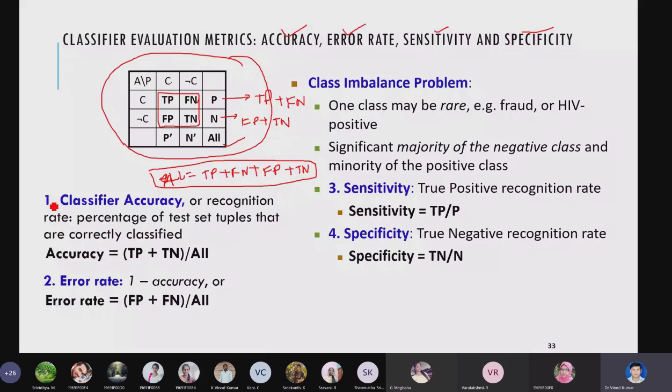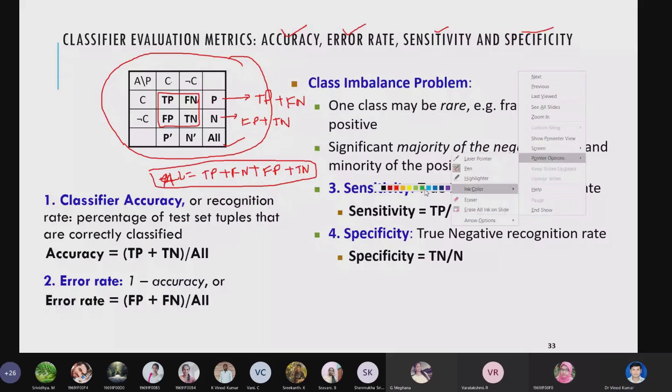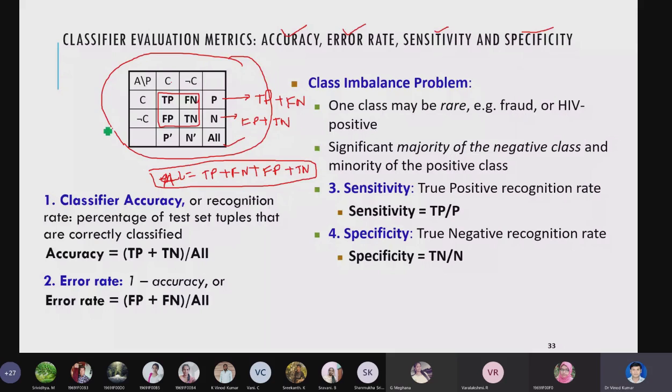Now coming to classifier accuracy. How to calculate the classifier accuracy? It is very easy to calculate. See here, how many true answers we got. The true answers are in this diagonal. So that is true positive plus true negative, divided by all.